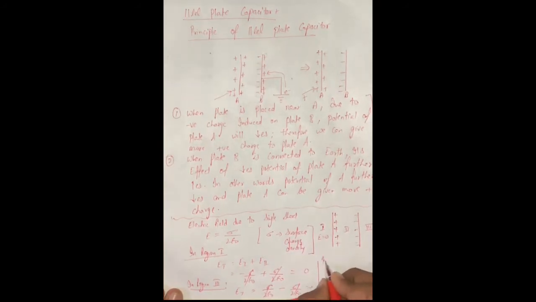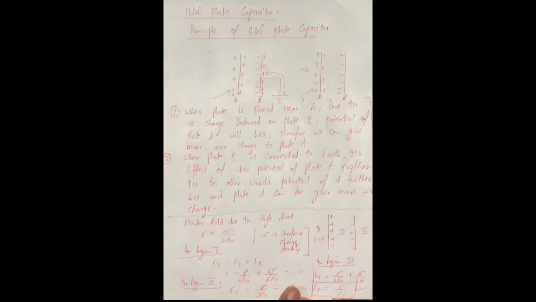And in region 2, this electric field was equal to positive for the first plate and positive for the second plate, and this comes out to be sigma by epsilon naught. So electric field in region 2 comes out to be sigma by epsilon naught.